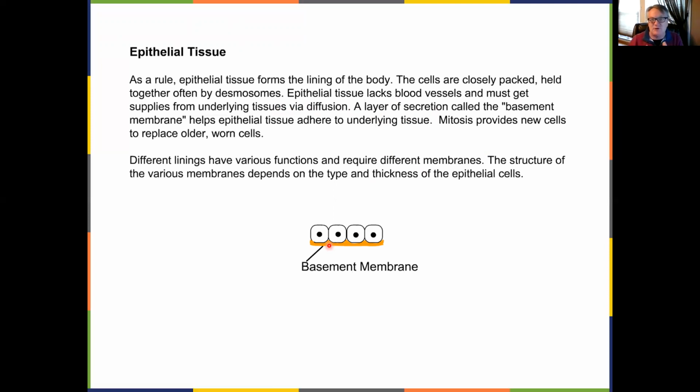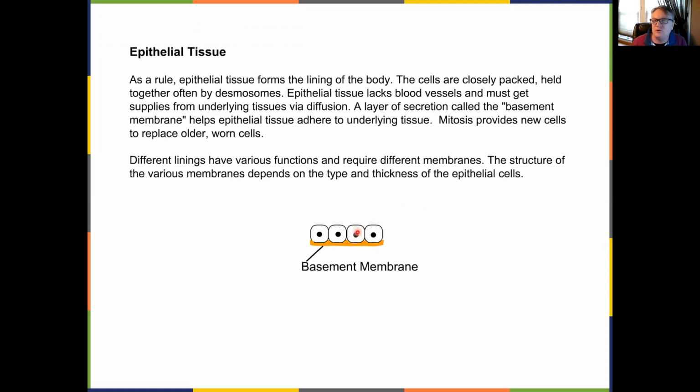Now, proteins and carbohydrates are organic molecules. These are not cells, they are the molecules by which cells are made from, but it's going to form kind of an adhesive that will attach the epithelial tissue to the underlying tissues.